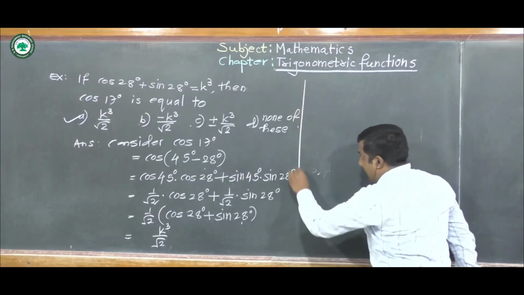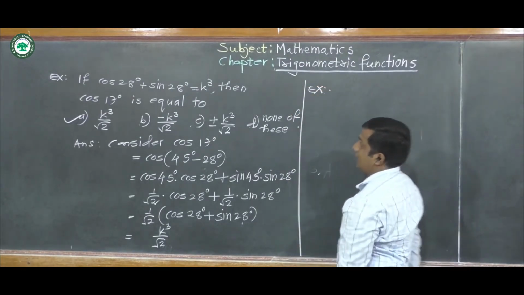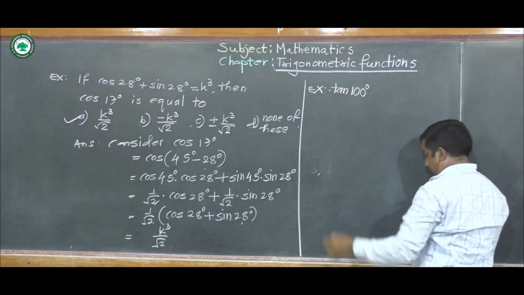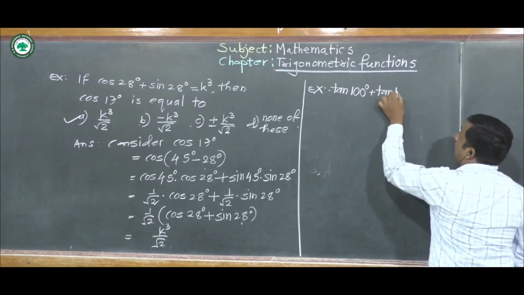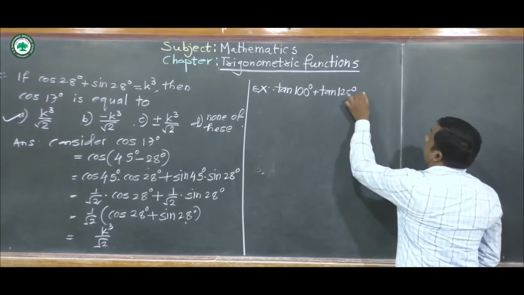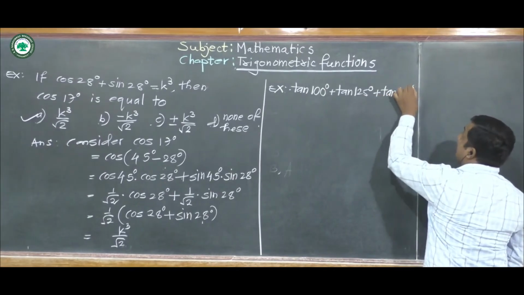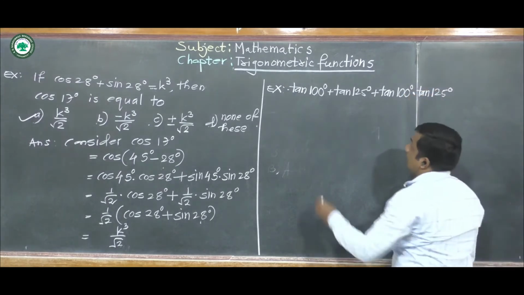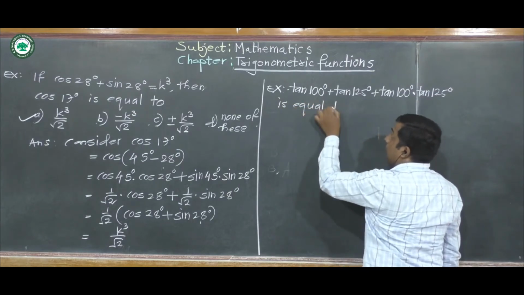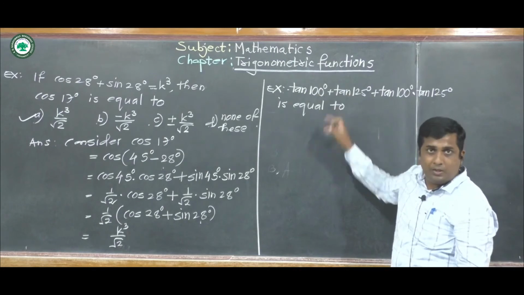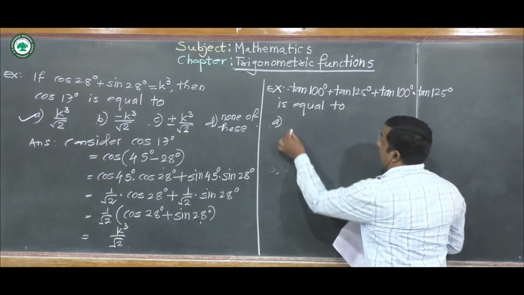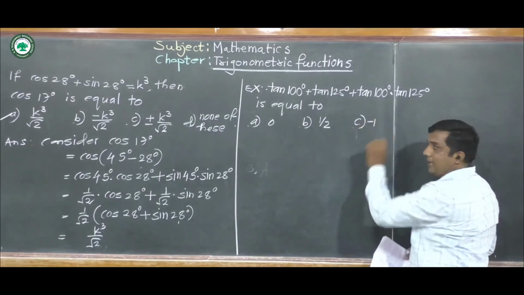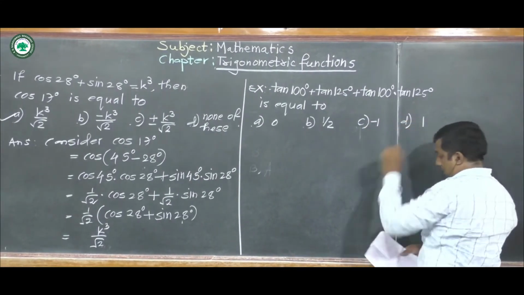Now we go with our second example. Here in second, given tan of 100 degree plus tan of 125 degree plus tan of 100 degree into tan of 125 degree is equal to, that is, we have to find the value for the given expression, and here options are, here in the A given 0, then in B given 1 upon 2, in C given minus 1, and in D here given 1.